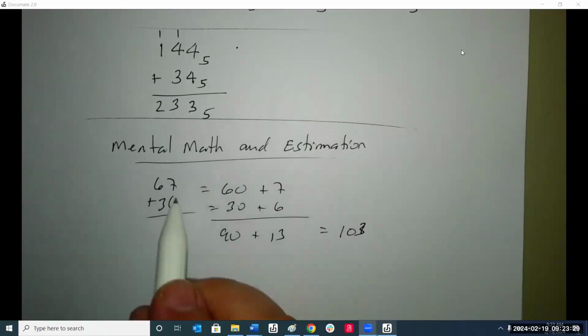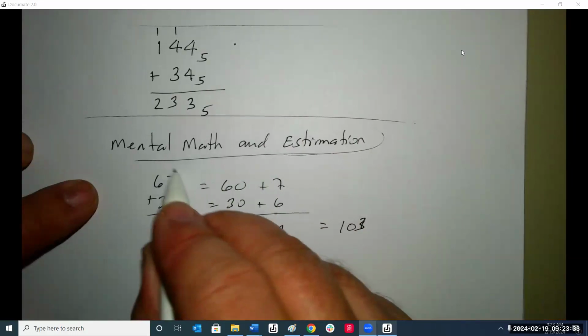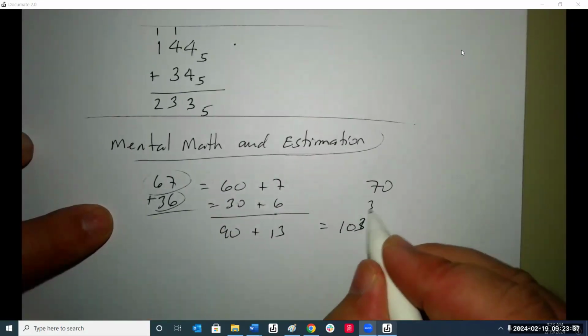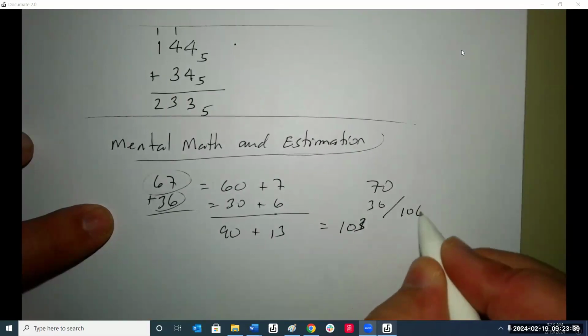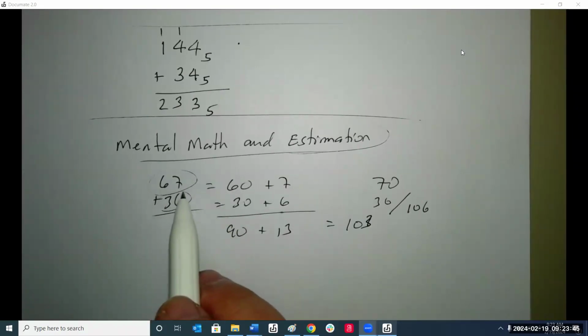We do that now. So you can look at this, or even you just round it up for estimation purposes. We can say the closest number here is 70. 70 and 36 is 106. That's pretty close. And that's what we want in estimation. Use the rounding rules. Go to the closest number you can, the most even number, and take it from there.